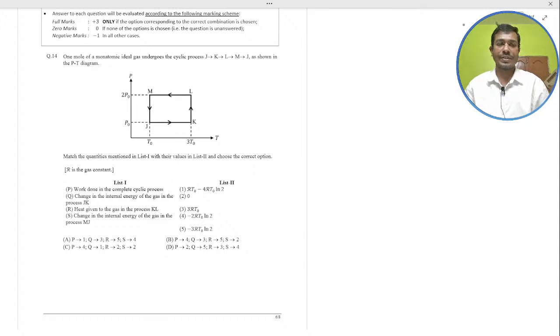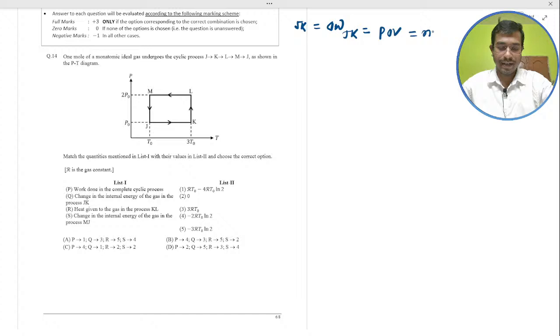Match the quantities mentioned in the list 1 with their values in the list 2 and choose the correct option. List 1 and the list 2. You have to check all the options. So now J to K, that means the JK. This is equal to work done, del W at JK. This is nothing but P del V.